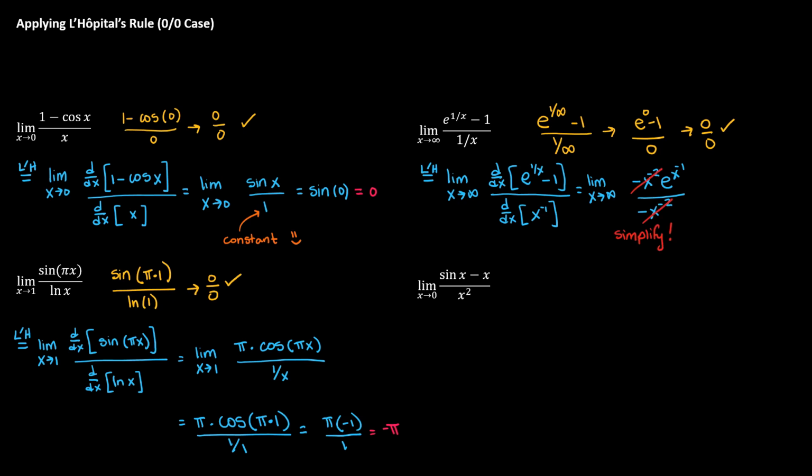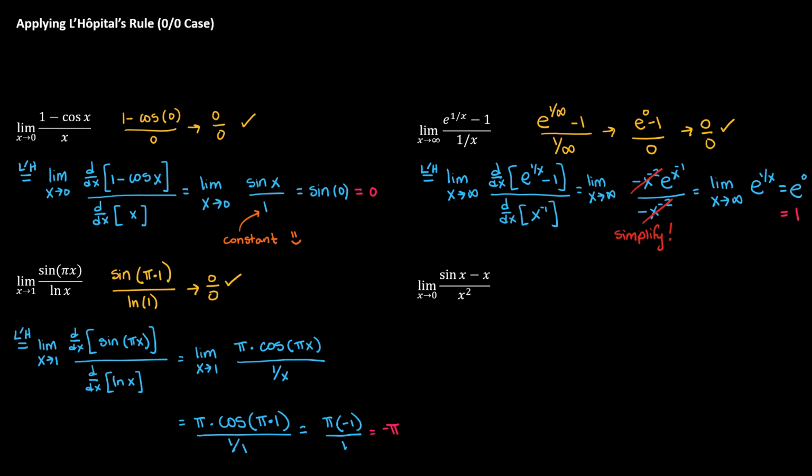Notice that the derivative on top and the derivative on bottom share a factor of negative x to the negative 2. That simplifies, leaving us with just the limit where x goes to infinity for the function e to the 1 over x. That ends up turning into e to the 0, which is equal to 1. So the limiting value for that function is 1 when x approaches infinity.